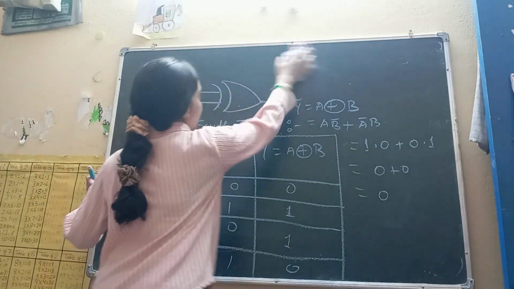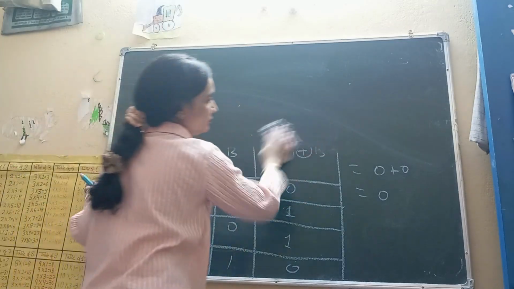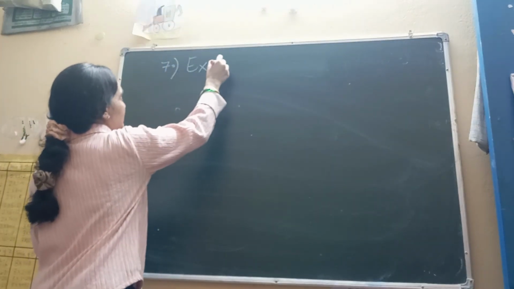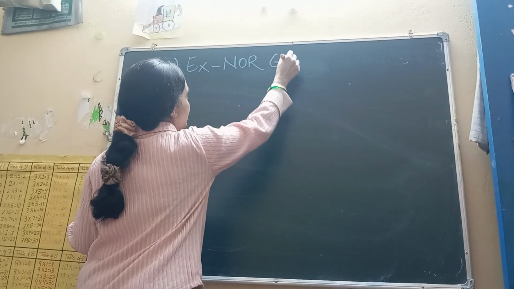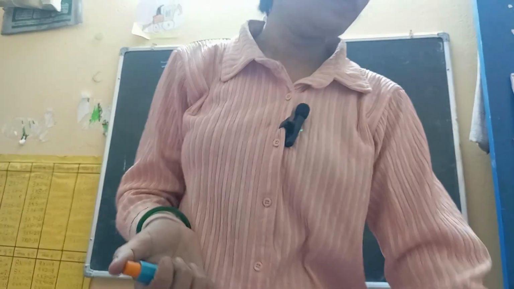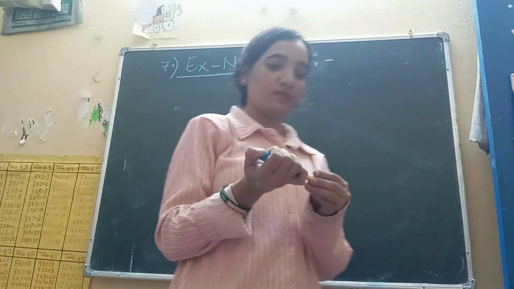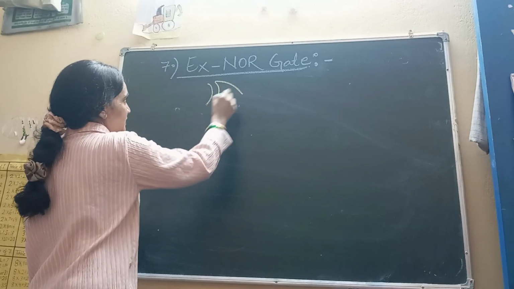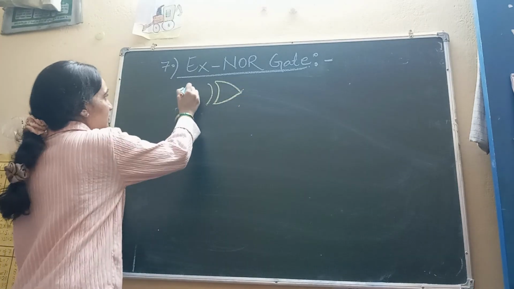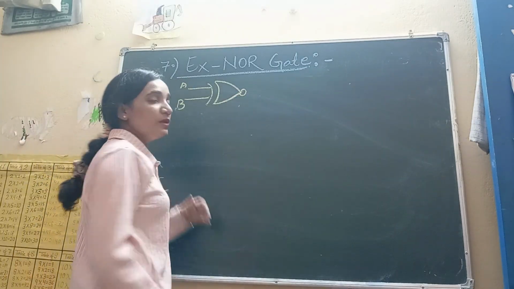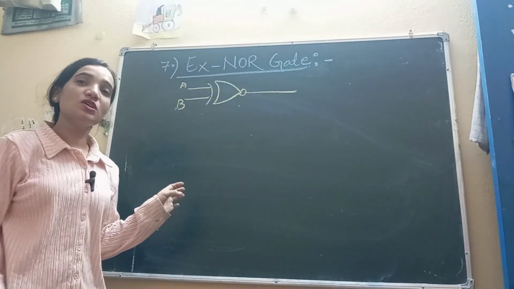Now come to the XNOR gate. XNOR gate is given as like this, symbol is XOR with the two inputs A and B. Okay, and if we give the bubble, we will find XNOR.